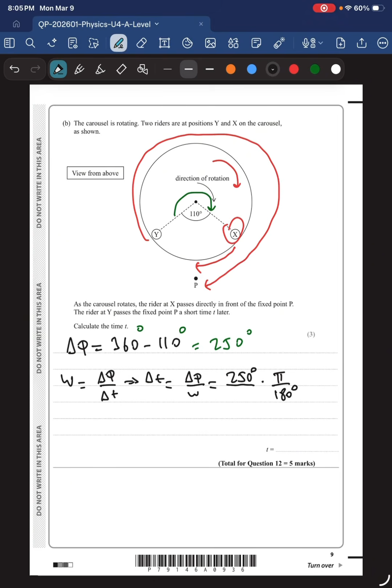Omega is simply what we calculated earlier, 0.42 radians per second. Radians cancel. If you carry the calculation, you will find 10.38 seconds, which is about 10.4 seconds.